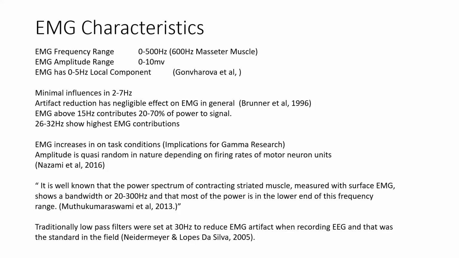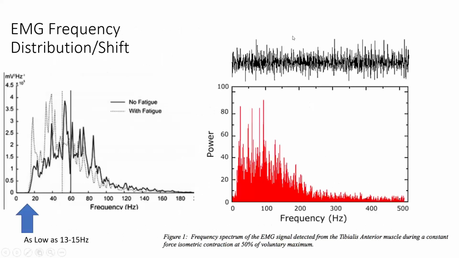So if it's almost impossible to filter out EMG completely from the 20 and up frequency range, then how do you know you're really getting gamma? You don't, and that's the answer. And we'll talk about that even more.